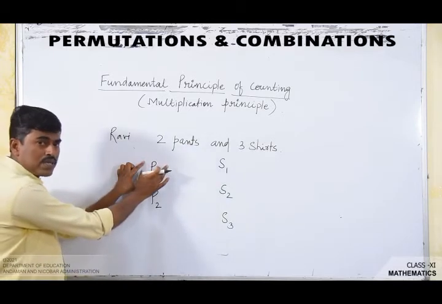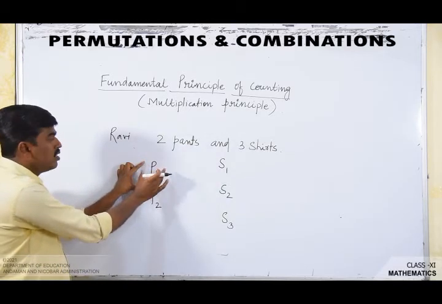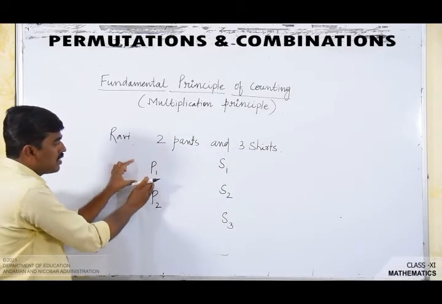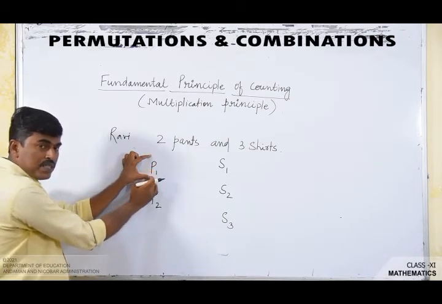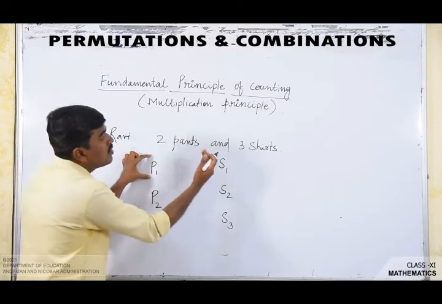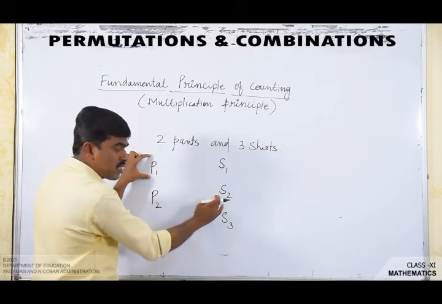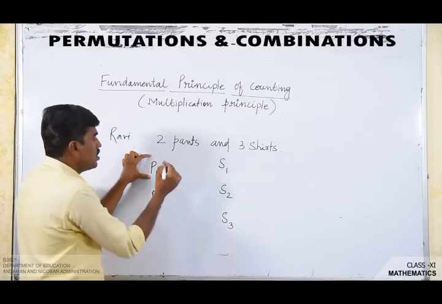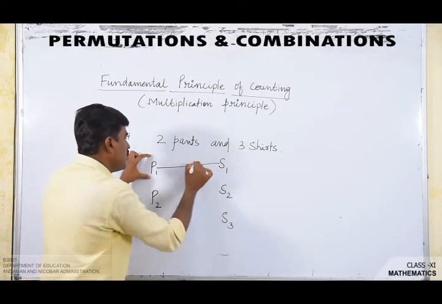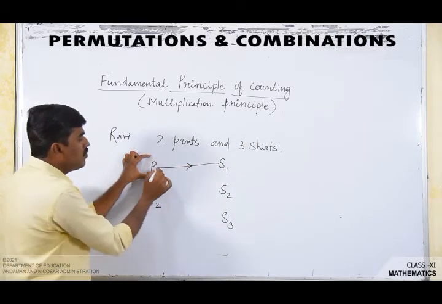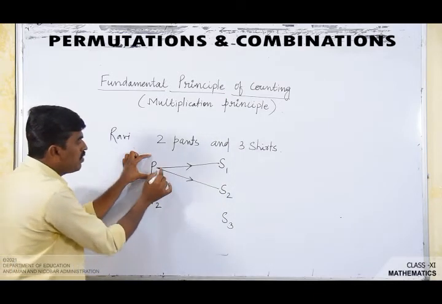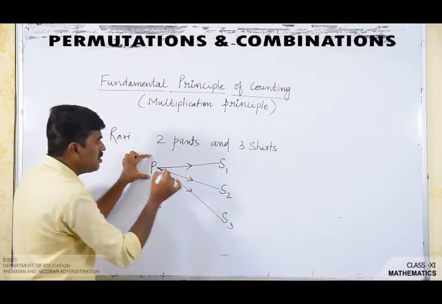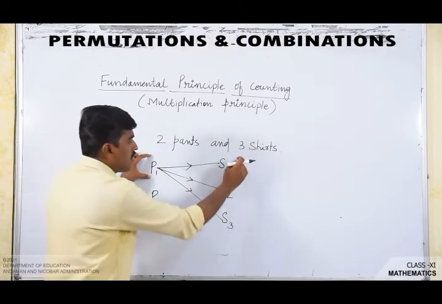So Ravi has to select one pant. If Ravi has selected pant number 1, then with this pant number 1 he can use shirt 1 or shirt 2 or shirt 3. So pant number 1, shirt number 1, or P1 S2, or Ravi can select P1 and S3. So here there are 3 ways.